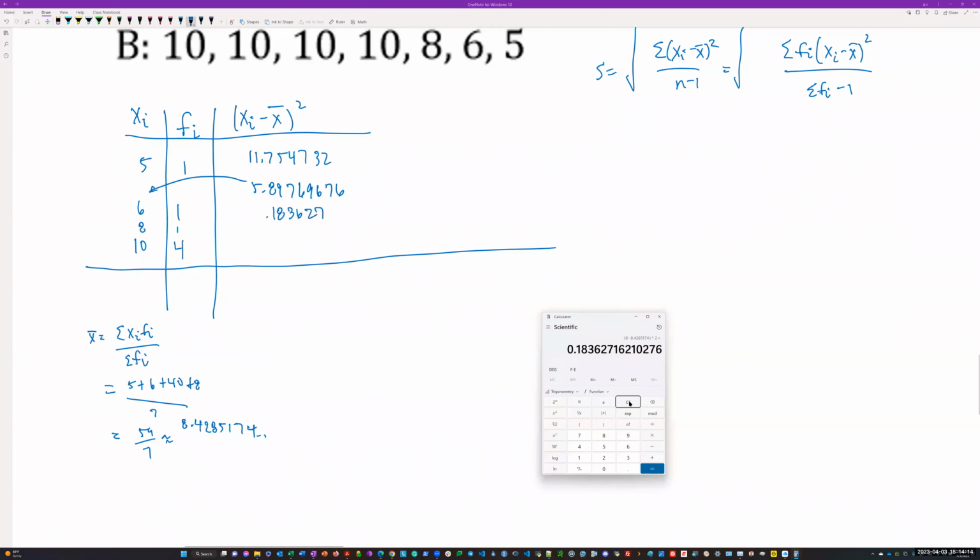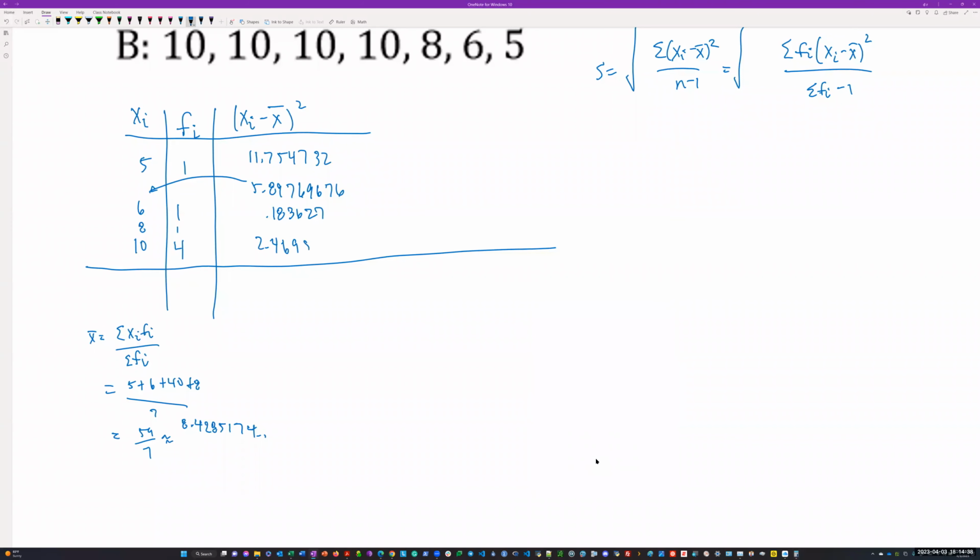And then the last one, 10 minus 8.4285174. Then we need to square this, right? So then we have this value here. Does everybody see that? So it's 2.469558. Does that make sense?